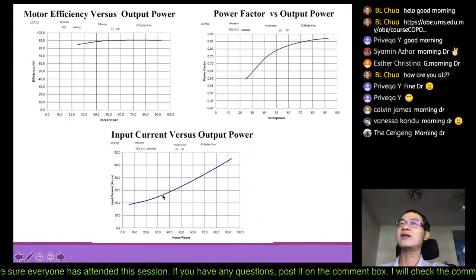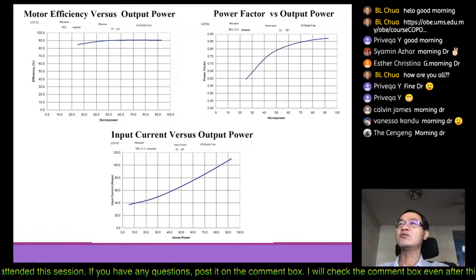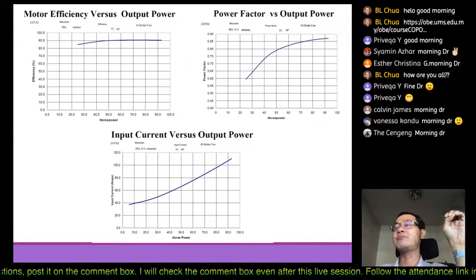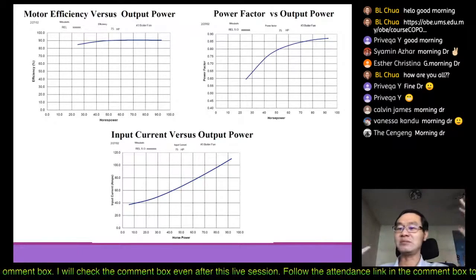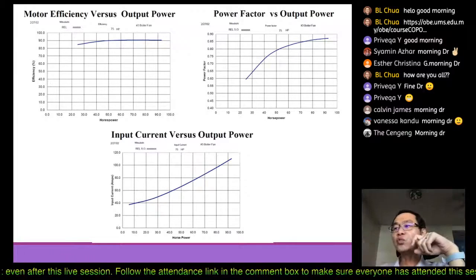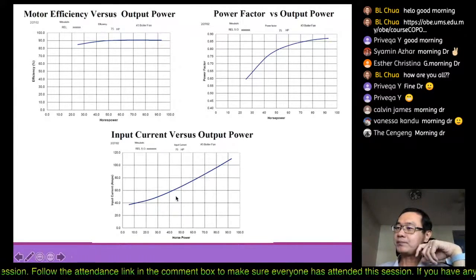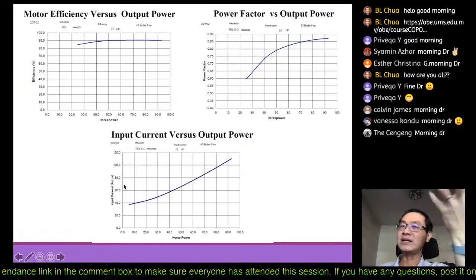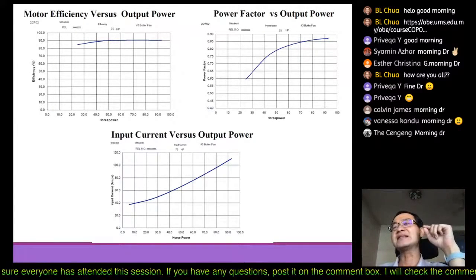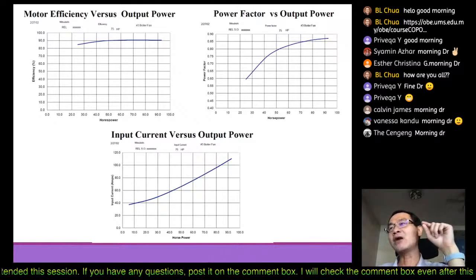For example, if you have an industry fan, which is not connected directly to the motor but through a belt, because the fan blade is very big, so you need a fan belt to connect it. When the current being drawn from the socket starts to drop, it means that the load is getting lesser. How is the load getting lesser?